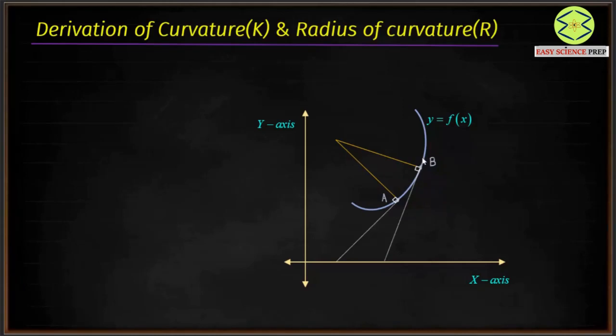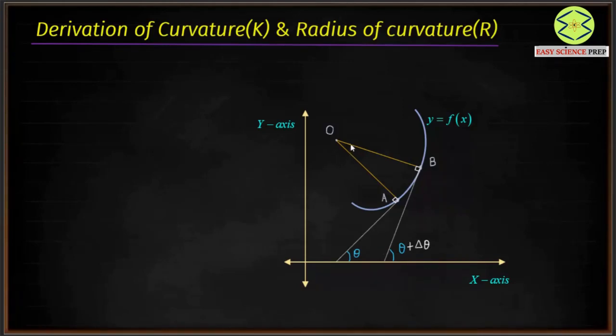Now let us say both the normals are intersecting at point O here. I cannot call this O a center because it is not a circle, but the normals drawn at point A and point B intersect at point O. This tangent makes some angle theta with the x-axis, and the tangent at point B makes angle theta plus some change in theta, we can say delta theta, with the x-axis.